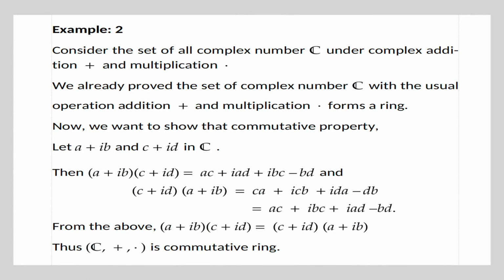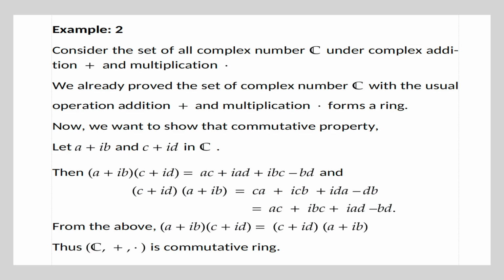The second example is: consider the set of all complex numbers C under complex addition and multiplication. We already proved that C with the usual operations forms a ring. Now we want to show the commutative property.